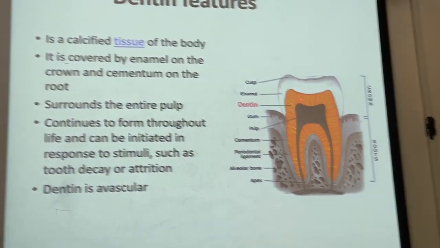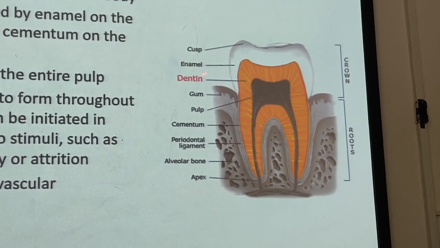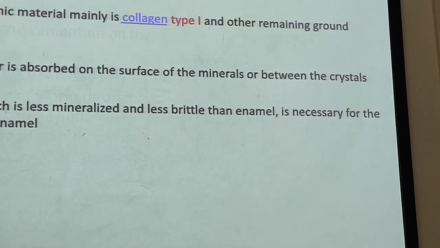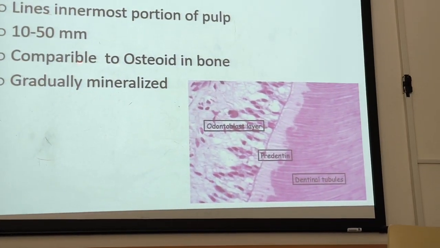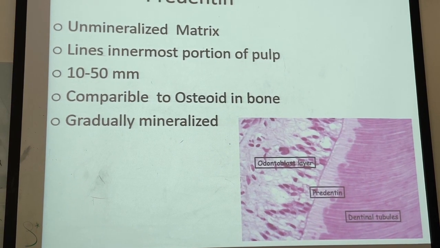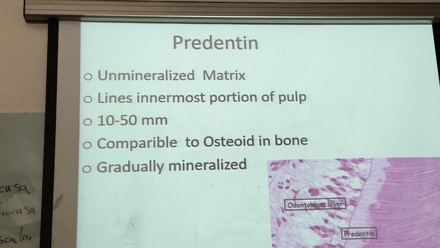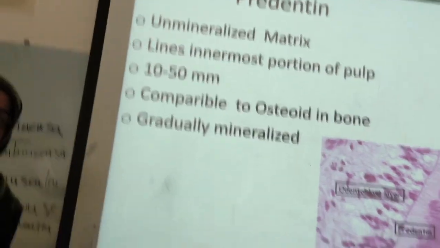Yes, in this part, in all parts where they synthesize the dentin, at first they produce the predentin, which is similar to the osteoid. Do you remember the osteoid in the bone matrix that is not mineralized? Yes?